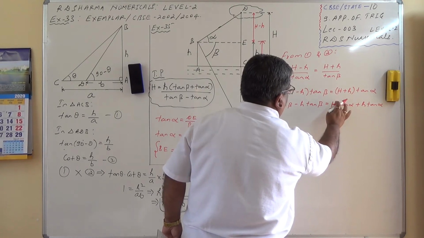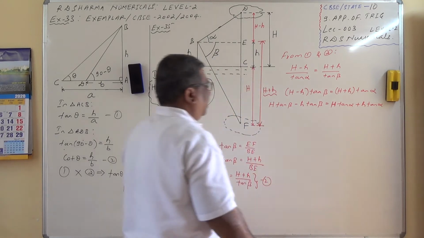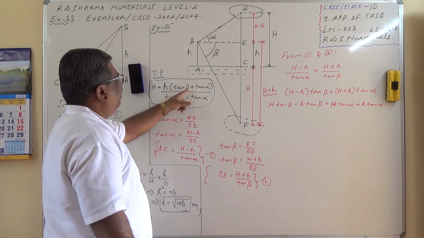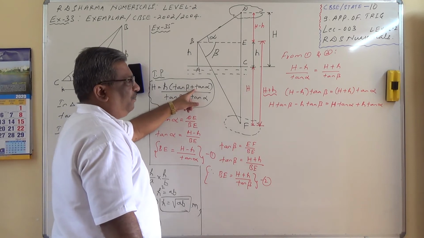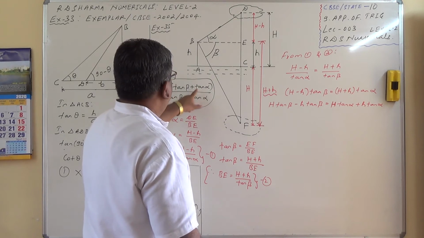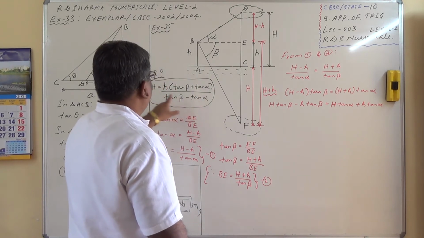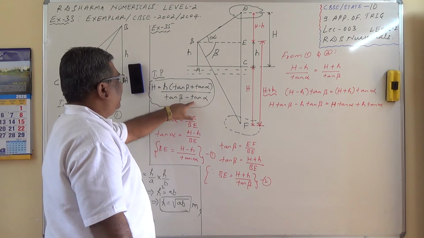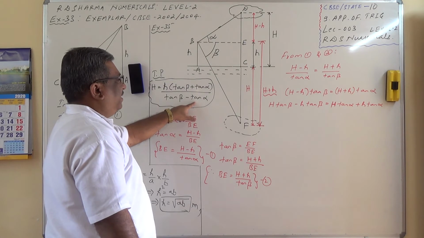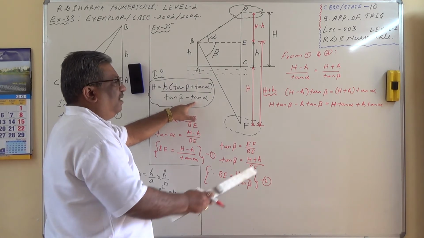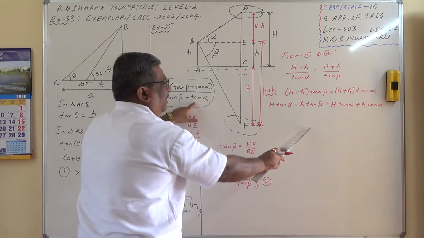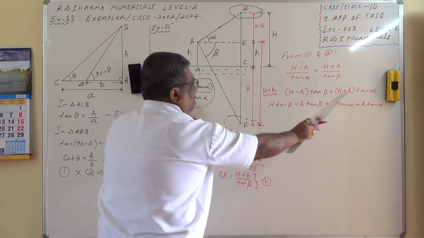Okay, so what should we do now? We require H equals tan beta plus tan alpha, and tan beta minus tan alpha. So if I multiply this H by tan beta minus tan alpha, H tan beta minus H tan alpha should be there, and therefore I will retain this as it is and transpose this to this side and transpose this to that side.